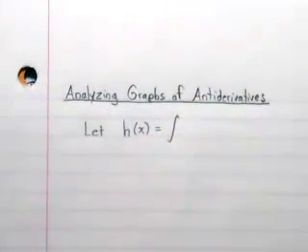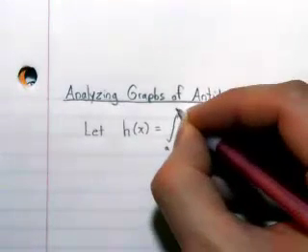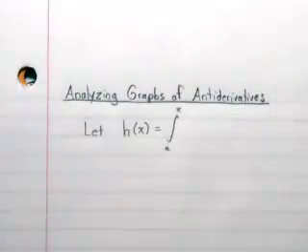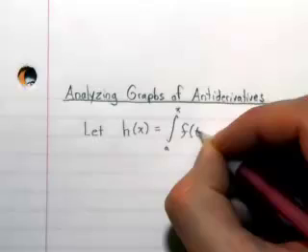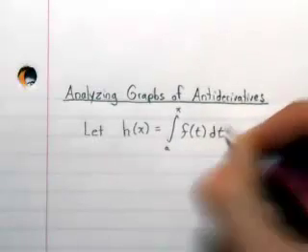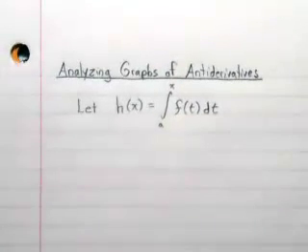So, let h of x equal the integral from a to x of f of t dt. All right. So h is like the antiderivative of f.